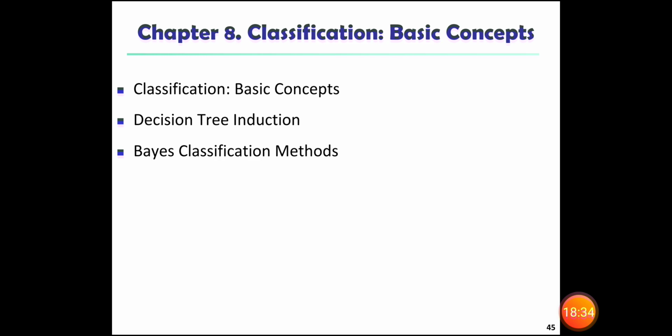Next, we saw the Bayes classification methods. We discussed the introduction part, then we saw some of the formulas, probability formulas, then some examples. With these examples, we justified this basic classification algorithm.